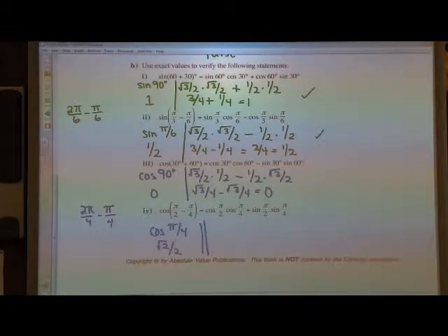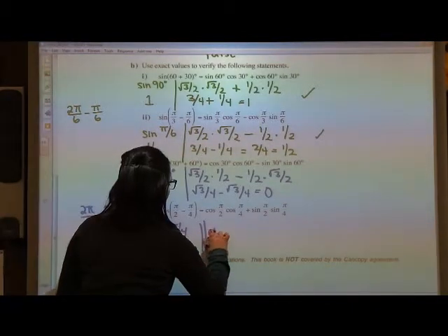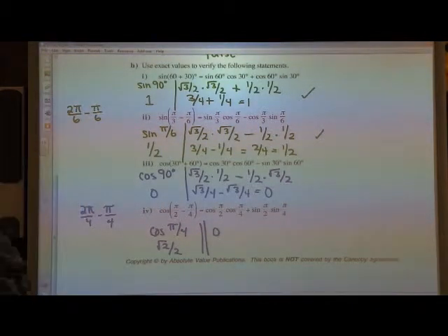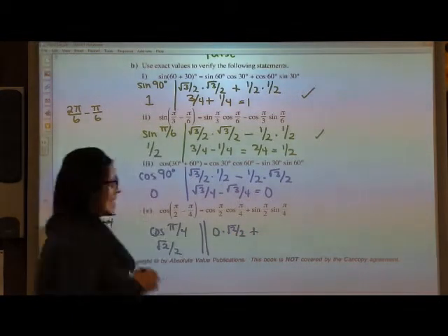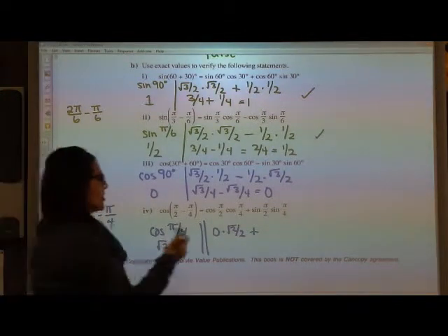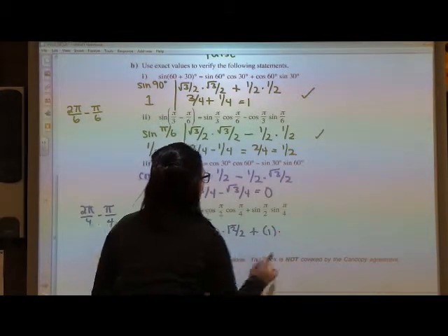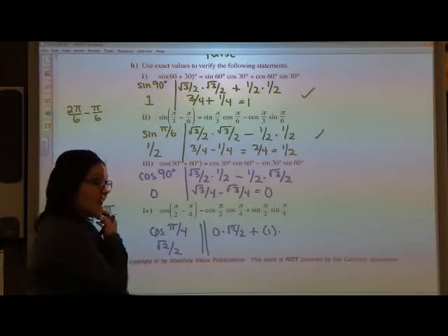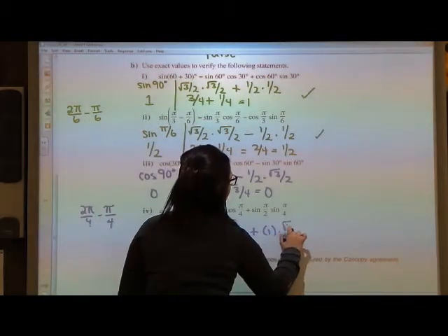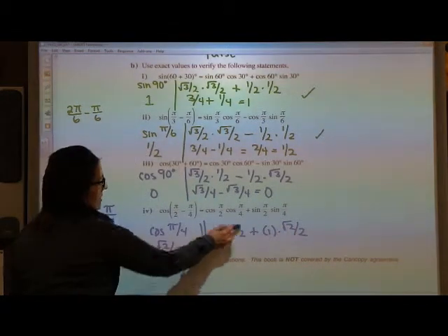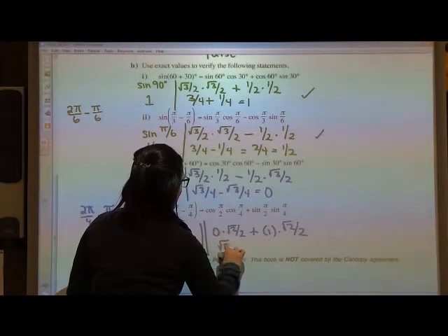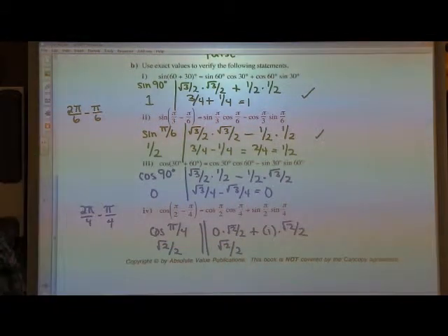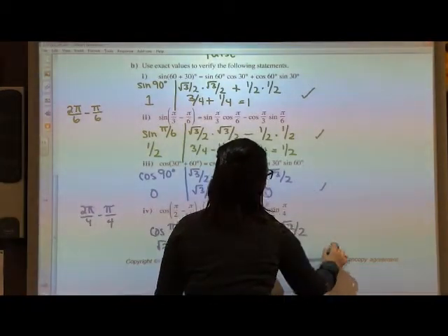Then on the right side, I get cos pi over 2, which is equal to 0, times cos pi over 4, which is root 2 over 2. And then I get sine pi over 2, which is 1, times sine pi over 4, which is root 2 over 2. 0 times root 2 over 2 is 0, so that disappears. And 1 times root 2 over 2 leaves me with root 2 over 2. So again, I've verified the last two statements.